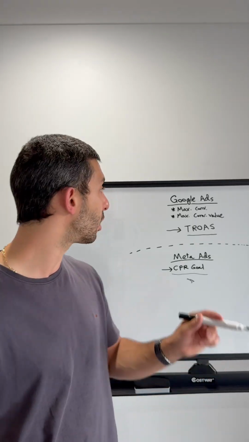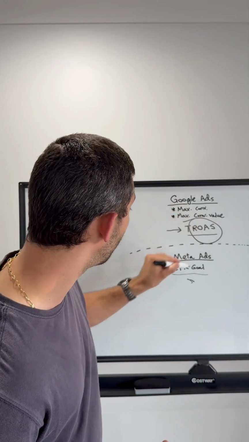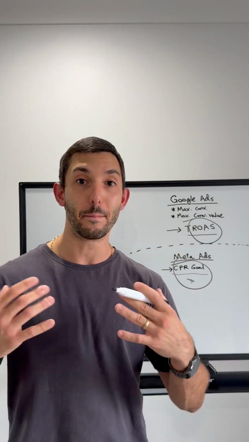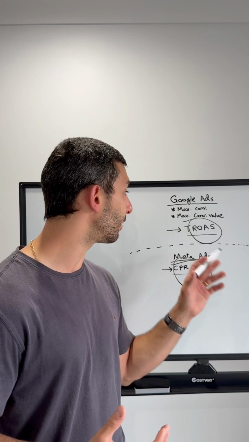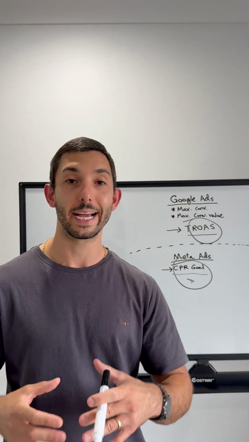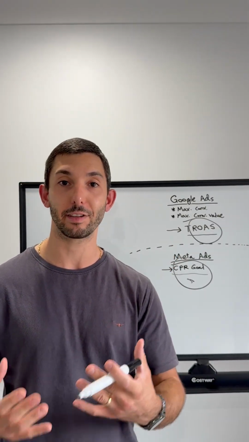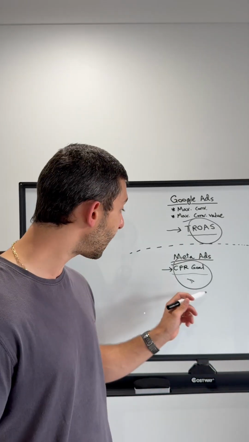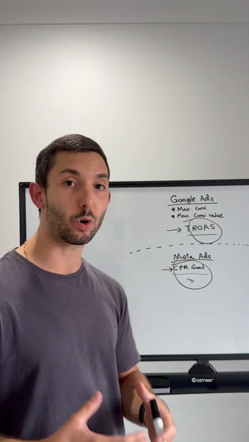If, before doing this with Google and Meta, you have more conversion data, so you've got sales or people who have submitted your lead form or calls that have come through, and Google and Meta know the characteristics, behaviors and interests of people who have already converted, then that's perfect. Yes, you can start increasing your cost per result goal.